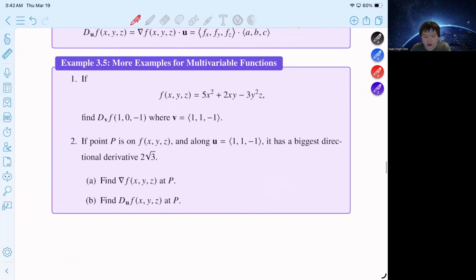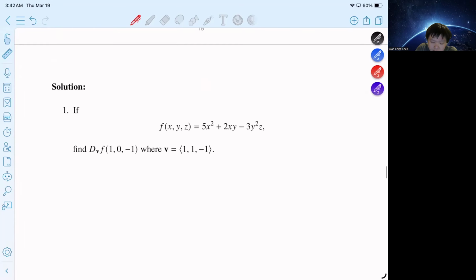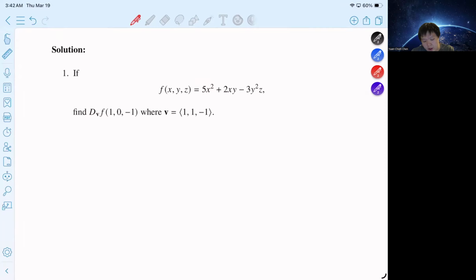Okay, let's do this example. We want the directional derivative of f at (1, 0, -1) when the direction is (1, 1, -1). The first thing we need to check is whether the direction is actually a unit vector, and we can see that it's not.